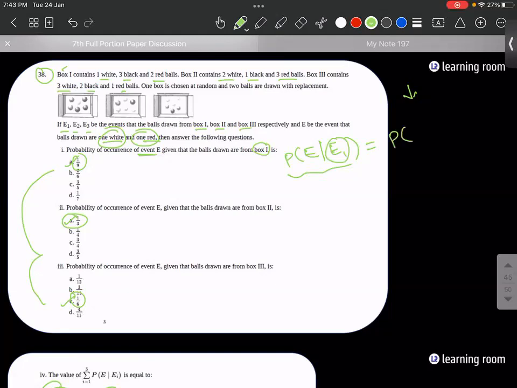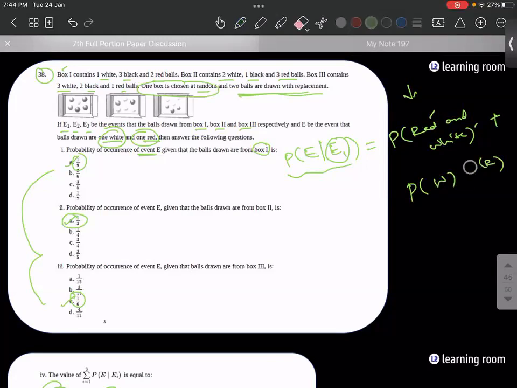So one box is chosen at random and 2 balls are drawn with replacement. So probability of getting a red and a white, or probability of getting a white and a red.